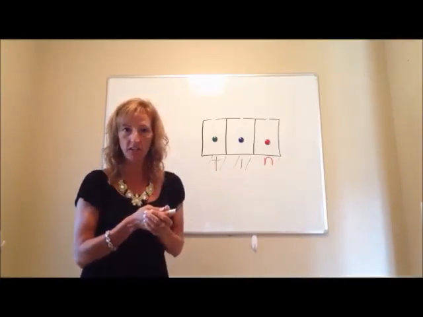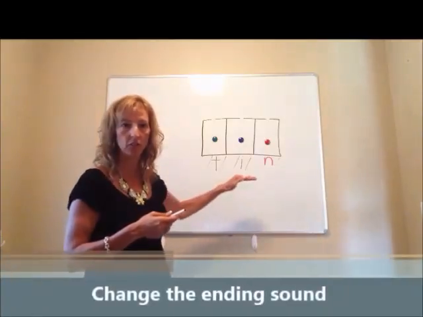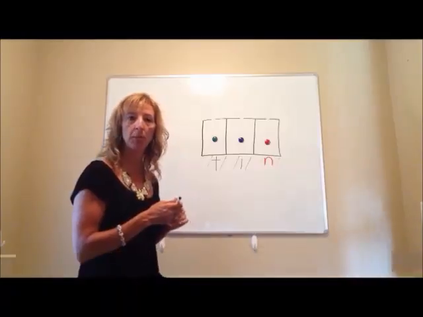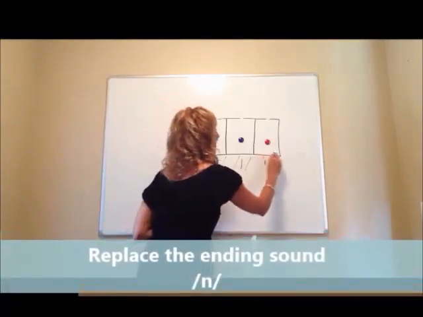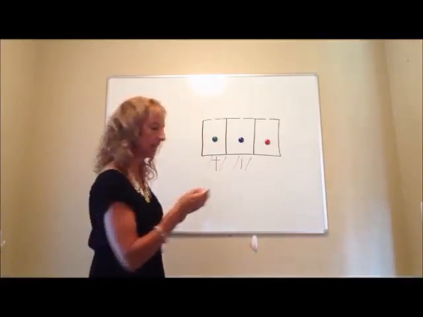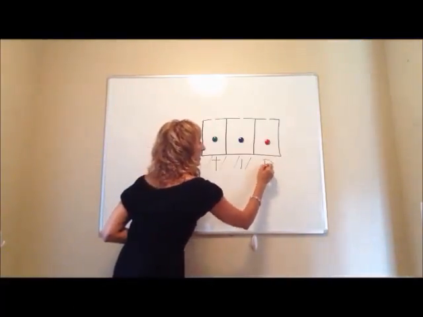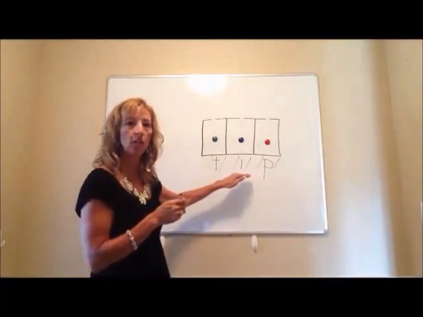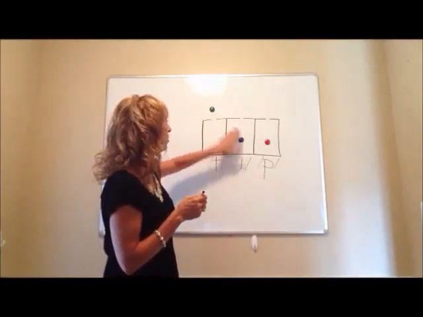And now finally I'm going to change the ending sound of this new word. We have the word tin, and I'm going to replace the ending sound with the sound of p. When I change the ending sound to p, it makes a new word.